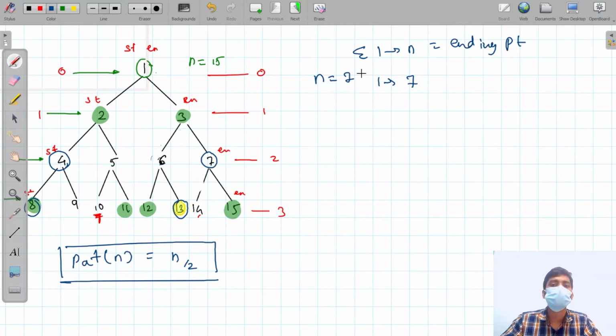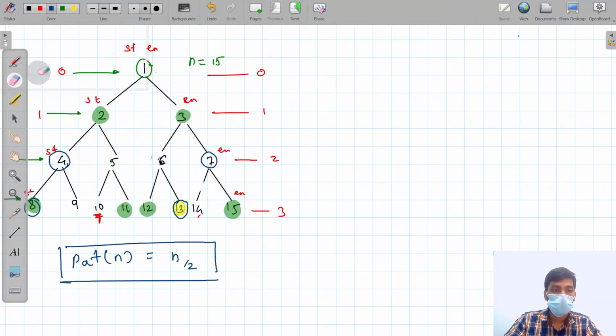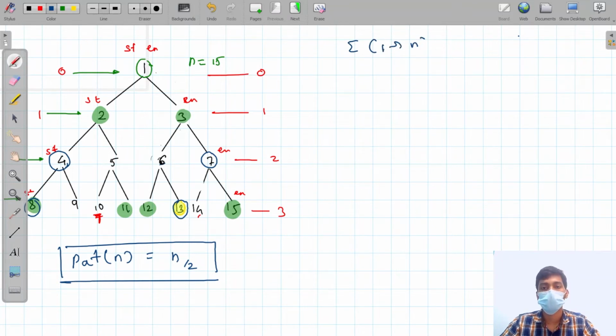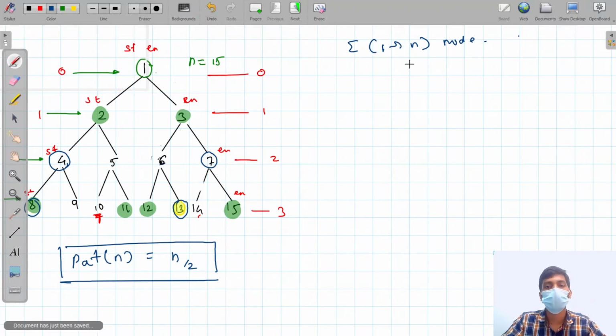Instead of summation, summation is not sounding correct. Instead, for binary trees, what we can say is the summation of 1 to n nodes. So here you can say 1 node, 2 node, 3 node, 4 node, 5 node, 6 node, 7 node. Actually, it is nothing but the summation of 1, 1, 1, 1 till n. But now it is in a complete binary tree.